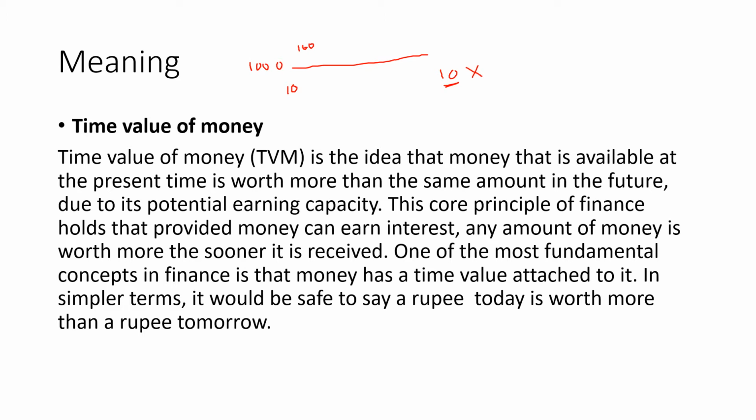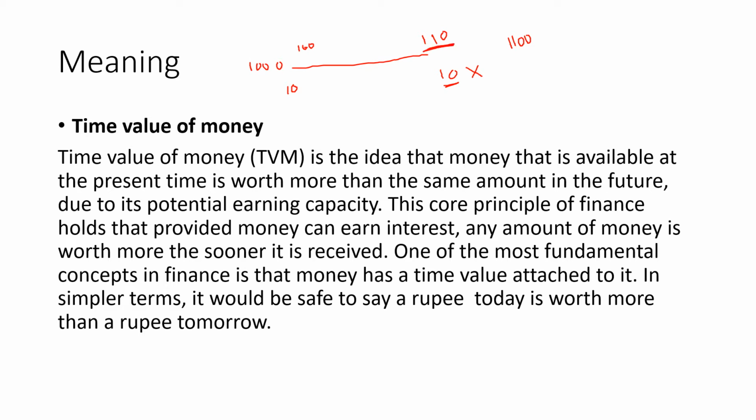because of inflation. Now the price of rice is not 100. The price of rice has increased to say 110. So in order to buy 10 kg of rice, I will require 1100 rupees after 1 year. This is the example of inflation.